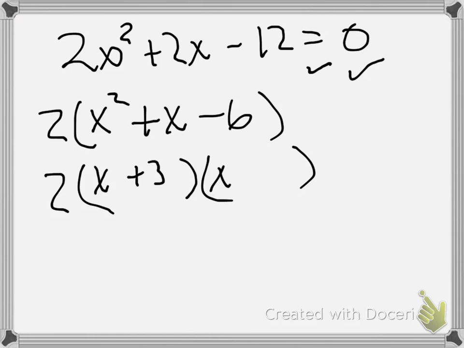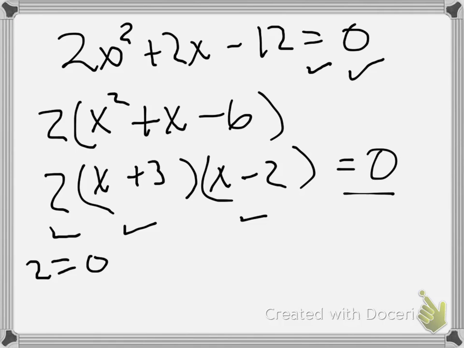And we learned how these factors work. If the factors equal 0, remember what we said? If any value multiplies, well, we got 3 factors, and they're all multiplying, and they equal 0, then what has to be true is that one of them has to be 0. Either 2 equals 0. Well, 2 doesn't equal 0. That's nonsense. I'll just X it out and forget about it.